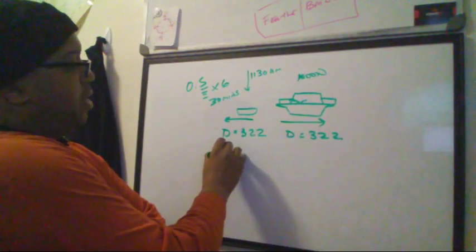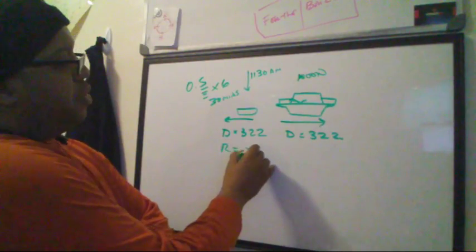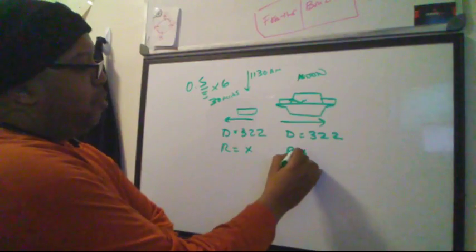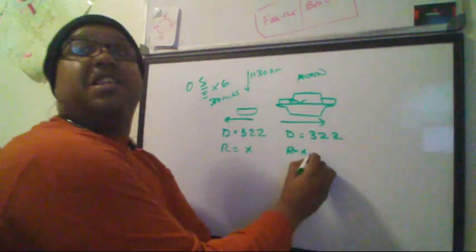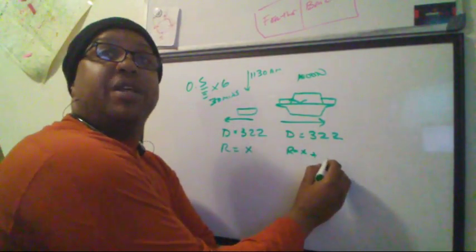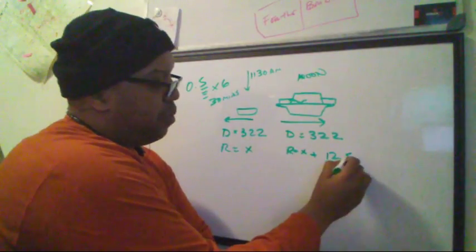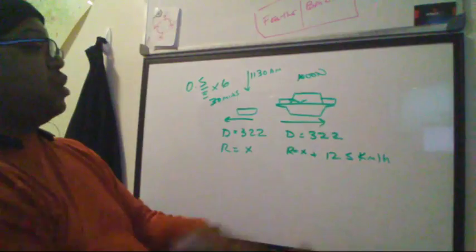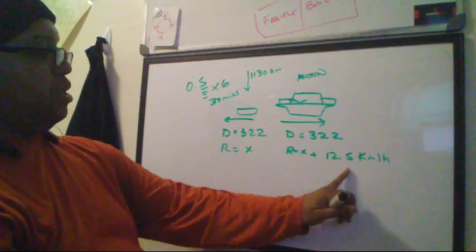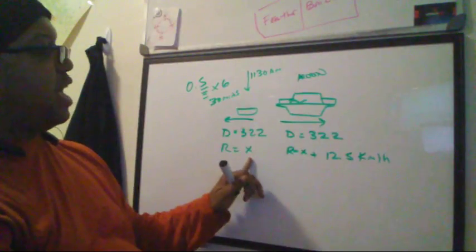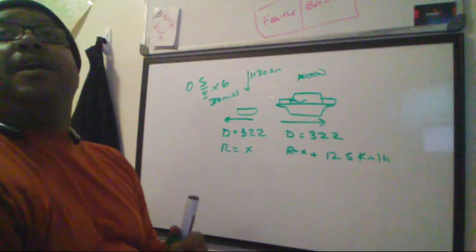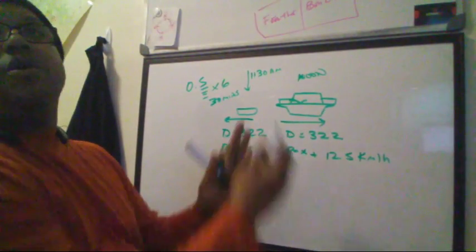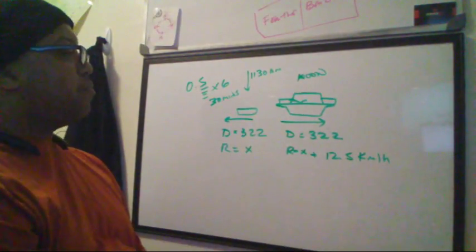The rate, the unknown, is X, and what we do know is that this ship is going 12.5 kilometers per hour faster. So we assign that X plus 12.5. This is just X. It's unknown. And after that time, 322 was how much they spread apart.